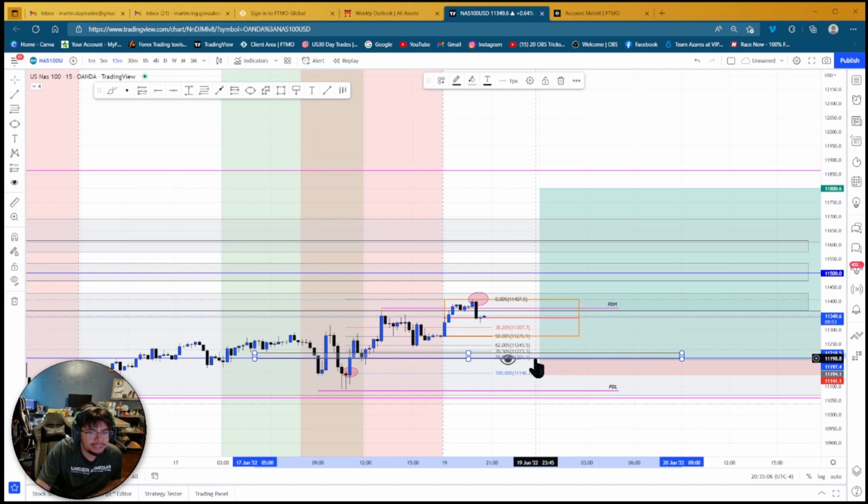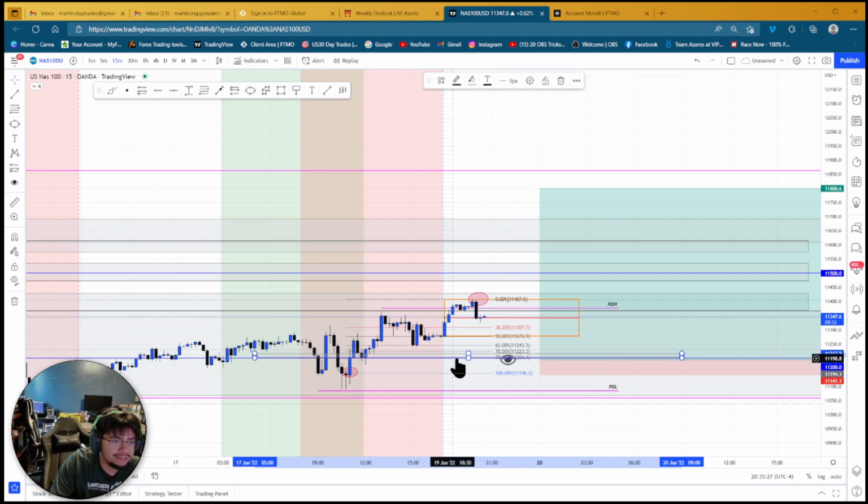So anywhere between 11,198 to 11,910. Let's make that a little bit smaller. Okay. It has to be within this gray area right here, guys, for me to enter on this trade.